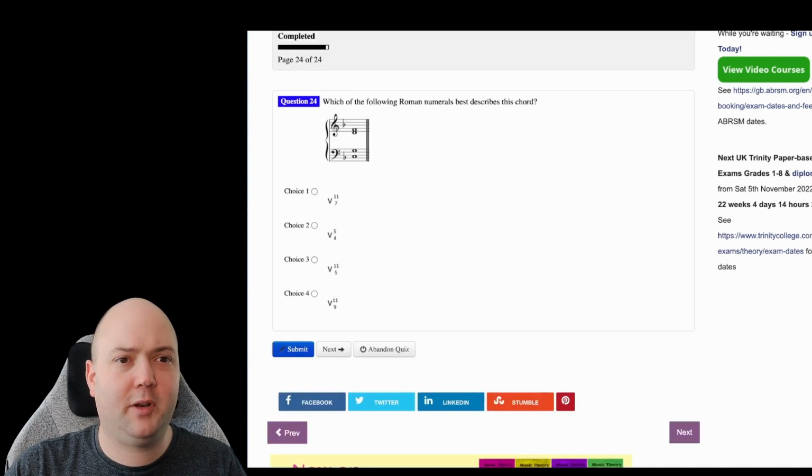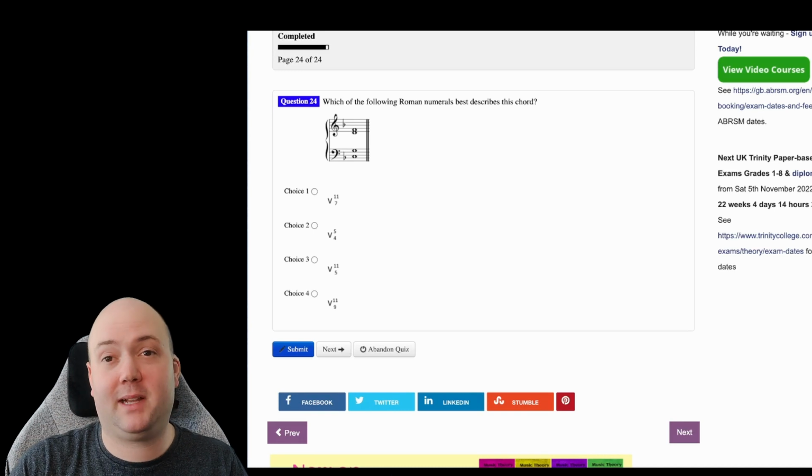Which of the following Roman numerals best describes this chord? So what chord do we have? We've got a D7. So D, F, oh no, that's not right, I'm sorry. We've got a G here. C, G, D, F. Oh, this helps, looking at the choices. Oh man, this goes back to part writing and knowing what you can eliminate.